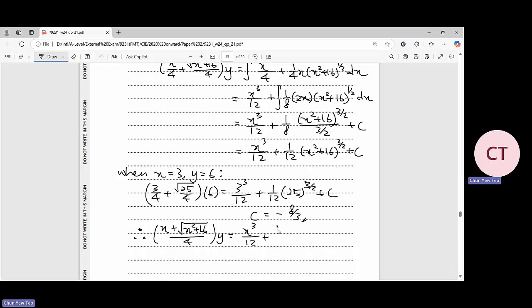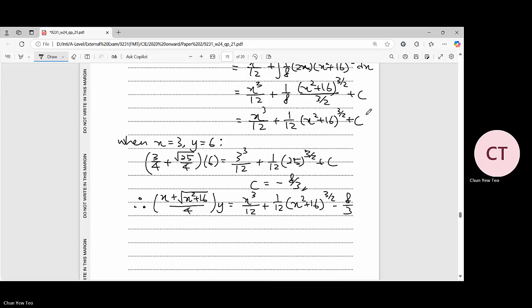Then plus 1 over 12 of (x squared plus 16) to the power 3 over 2 minus 8 over 3. Actually, you can just bring this to the other side. Then you will get this as an x cubed plus x squared plus 16 to the power 3 over 2.